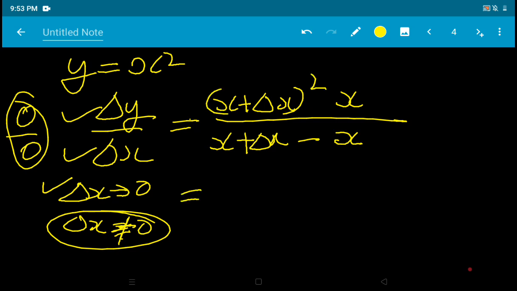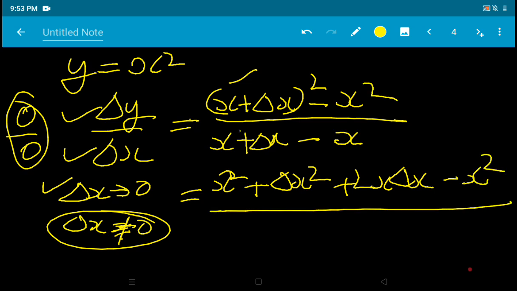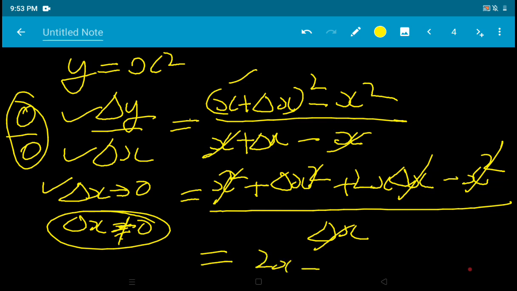This gives me x square plus delta x square plus 2x delta x, minus x square, divided by delta x. The x square cancels out x square, and the delta x cancels out, leaving delta x. So the rate of change will be 2x plus delta x.